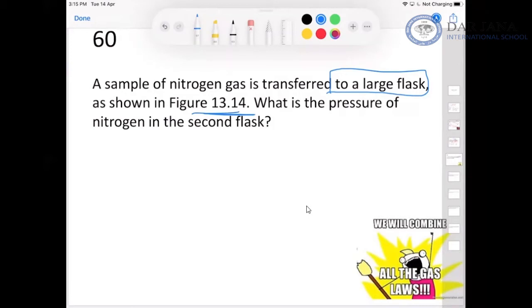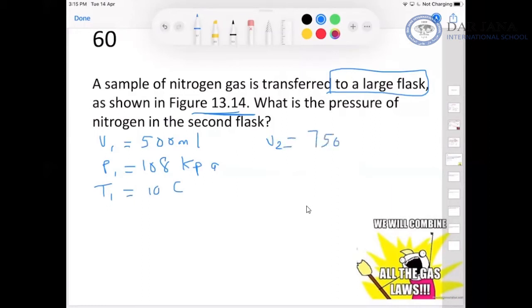So according to figure 13.14, V1 is 500 milliliter, P1 is 108 kilopascal, T1 is 10 degrees Celsius. As for V2, it's 750 milliliter, and T2 is 21 degrees Celsius. These are given in the question.